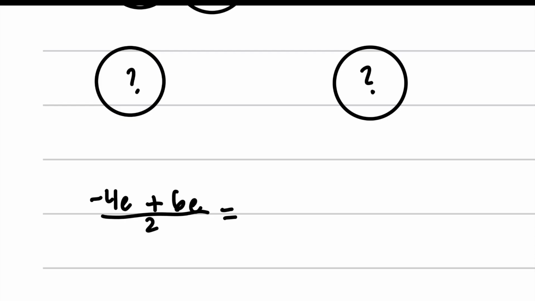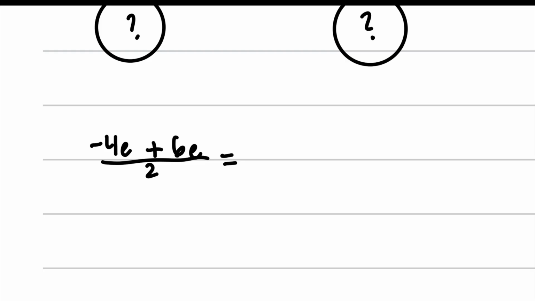So what we're going to do here is take the charge of the first one and the charge of the second one, add them up together and divide them by 2. Okay, so this will guarantee that the ending charges between the two of them are going to be the same. Okay, so what do we get?